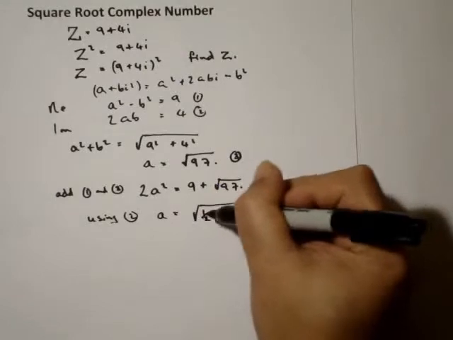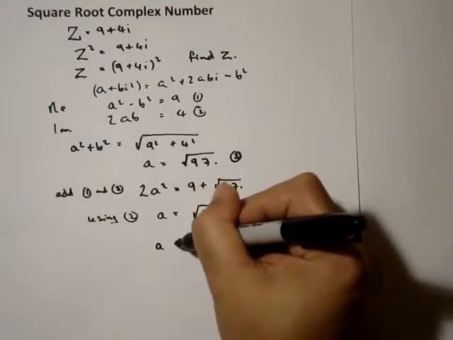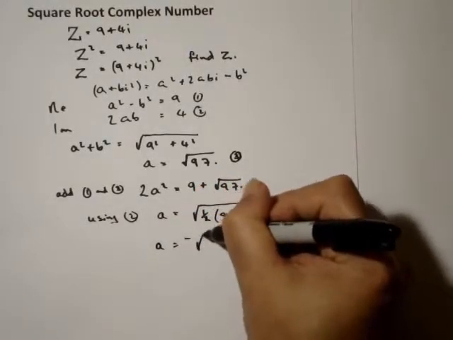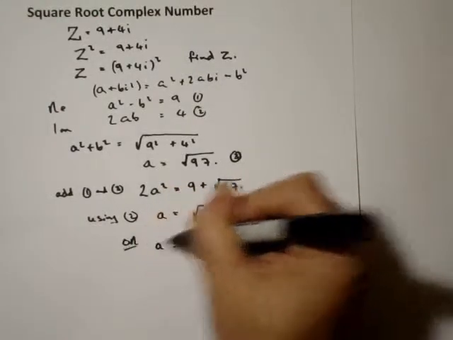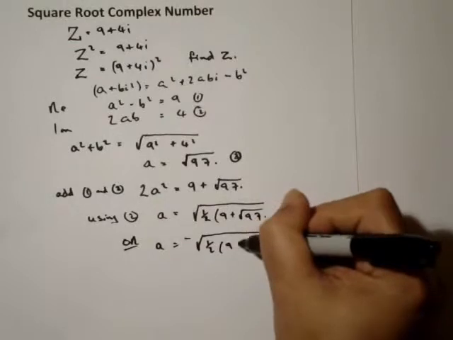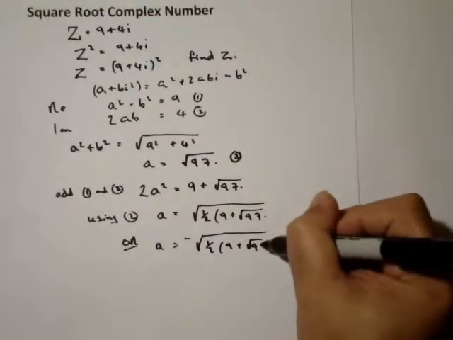So we can either have that, or because we've got the square root, we can have a equals minus the square root of half of 9 plus the square root of 97.